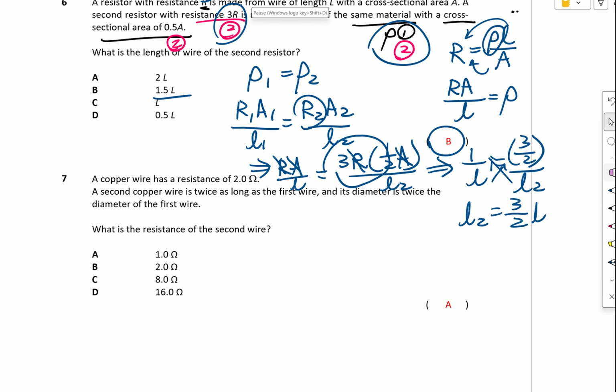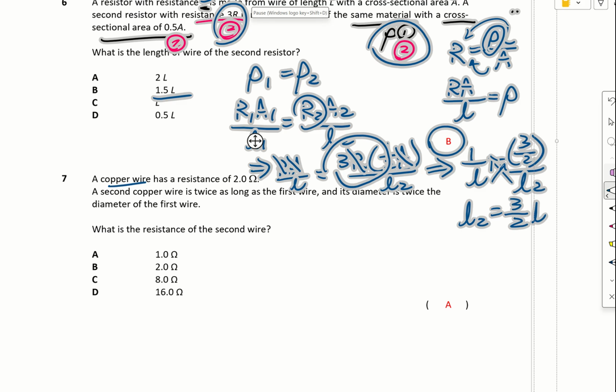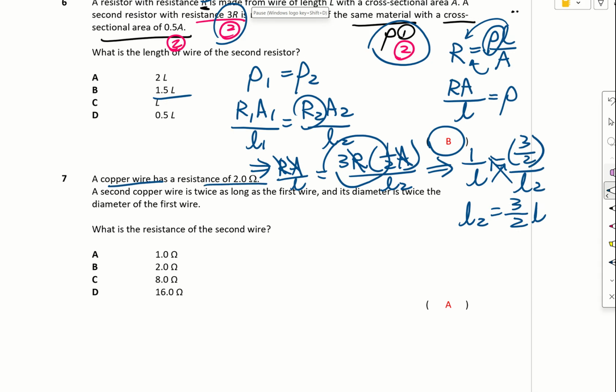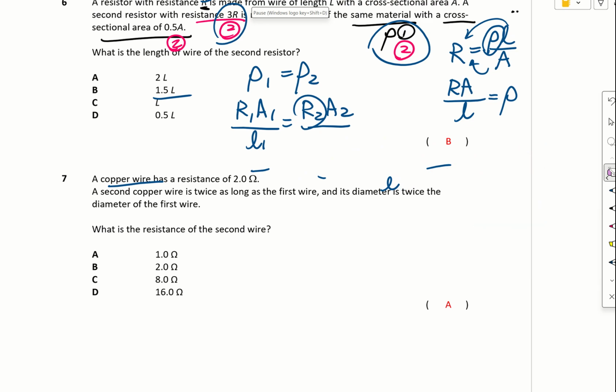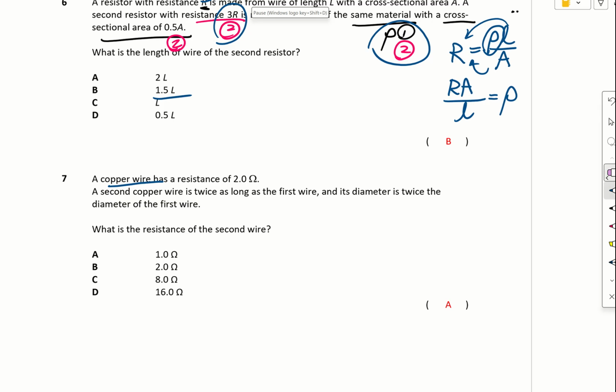I think we can also apply this to question 7. A copper wire has a resistance of 2 ohm. So maybe I call this R1. A second copper wire is twice as long as the first wire. So if the first wire is L1, the second wire's length L2 equals 2L1, because from the description it is twice as long.